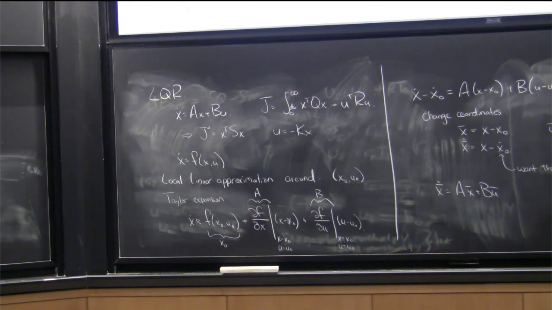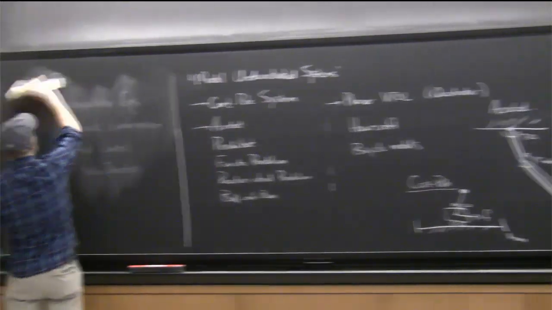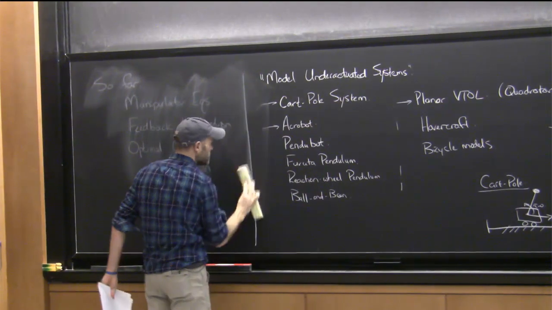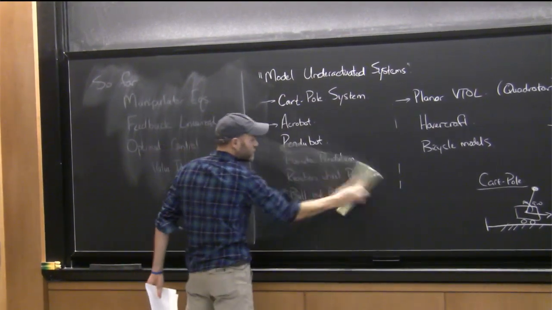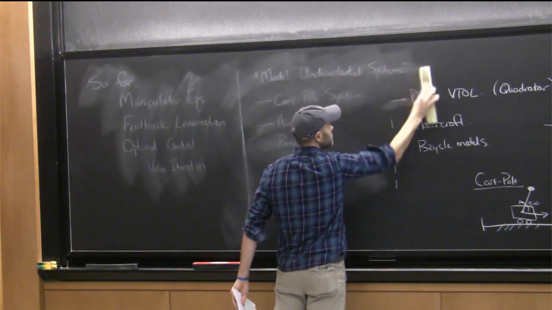Okay? So to what extent does that capture the dynamics, right? So we've been talking about, we've been drawing dynamics of nonlinear systems. They can be crazy but beautiful. To what extent do we have any right approximating it even locally as a linear system?